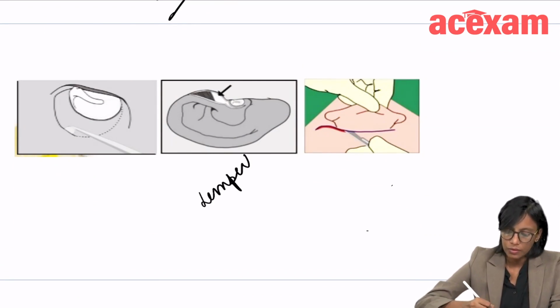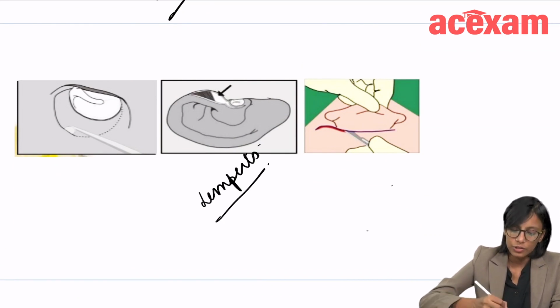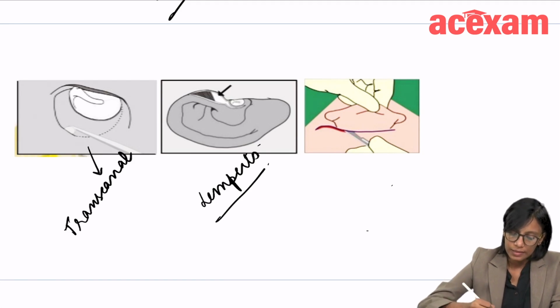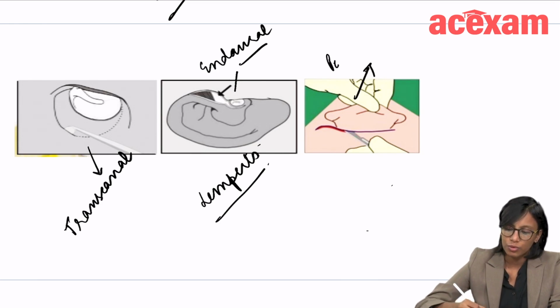You can see here there are three approaches which are utilized for ear surgery. This is the transcanal or permeatal approach. Then this is the endoral approach. Then this is the post-oral approach.